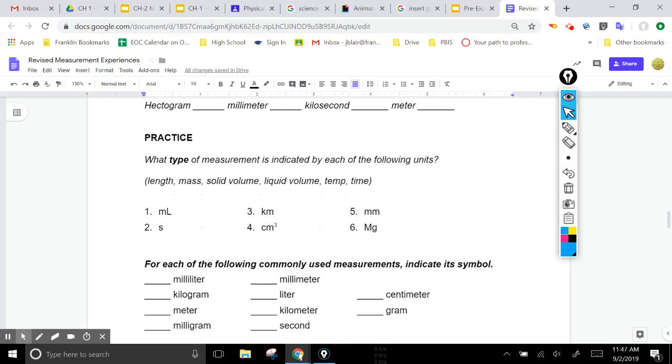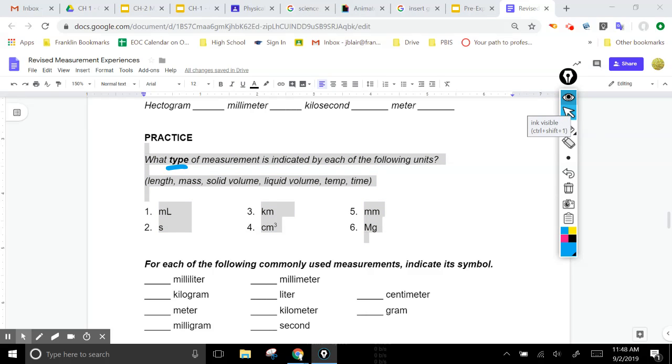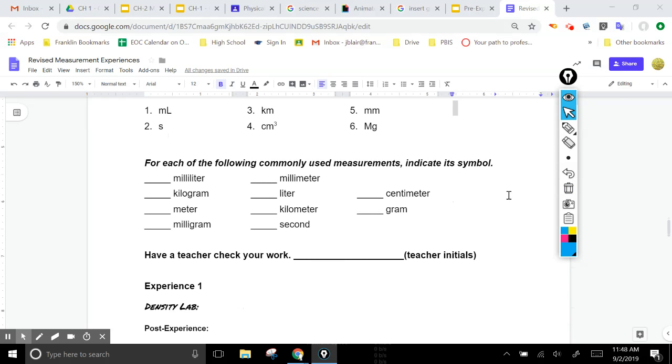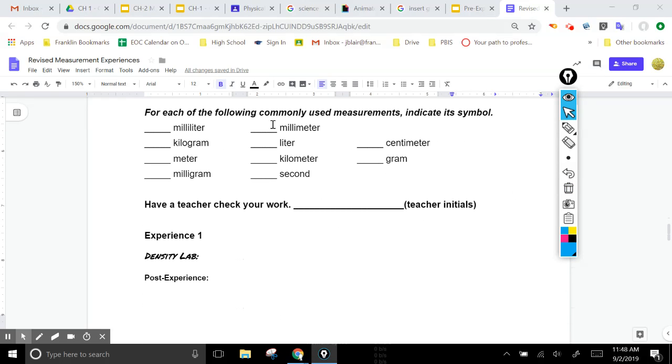So I just wanted to point out again, this first part is asking you what type of measurement, and here are your choices: length, mass, solid volume, liquid volume, temperature, or time. Fill that in. This next part is asking you about the symbol or the abbreviation. So milliliter here would be mL, right? That's a milliliter, mL. So that's what you need to do here on this one.